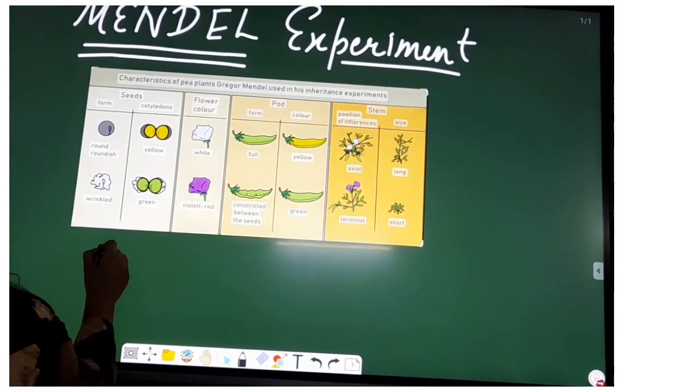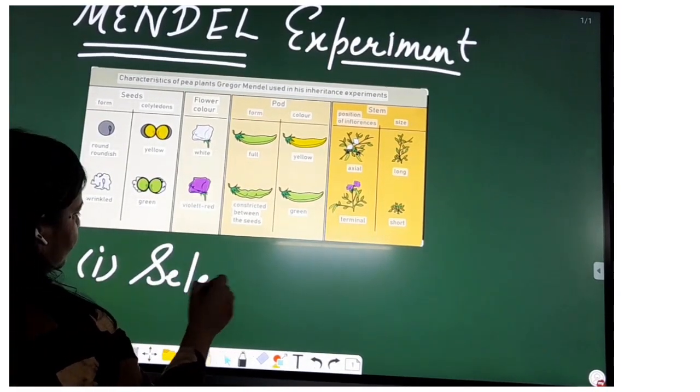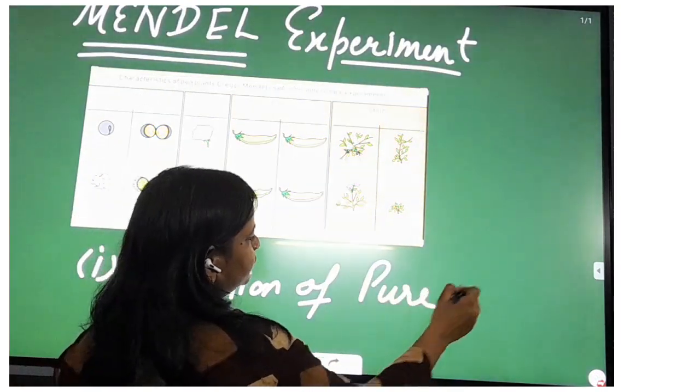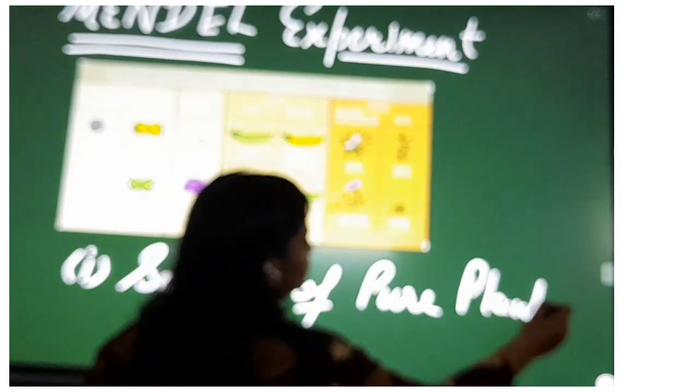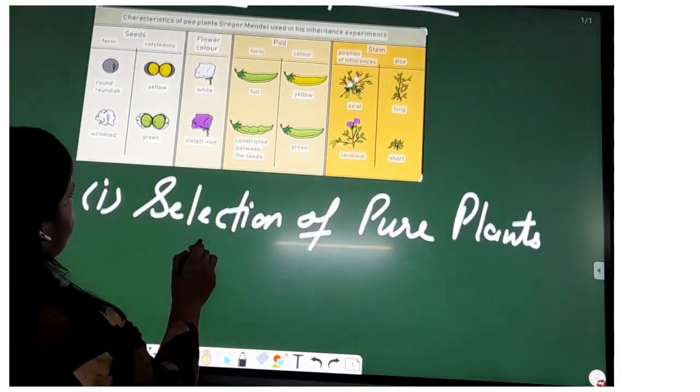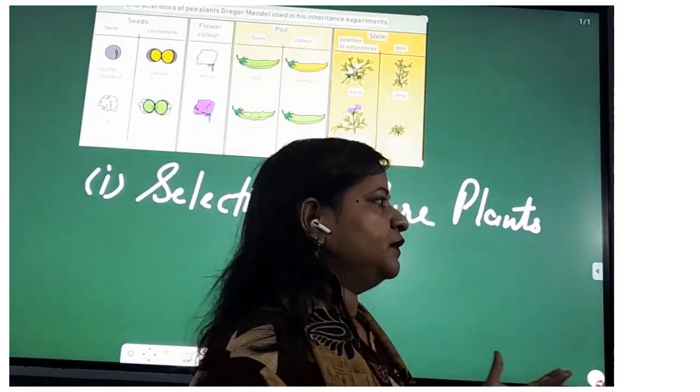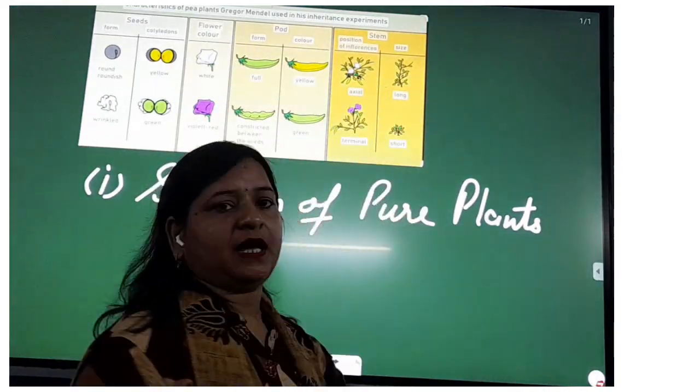The first step was, like you can say, he took a trait like size of the plant.